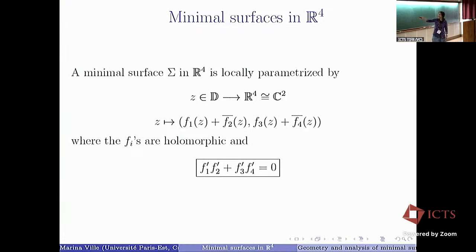So if we split R4 into C2, the first two components are harmonic, so the sum of holomorphic and anti-holomorphic, same for the last two components. That's harmonic, and this is a condition for the thing above to be conformal. So this is a very pleasant way of seeing them.